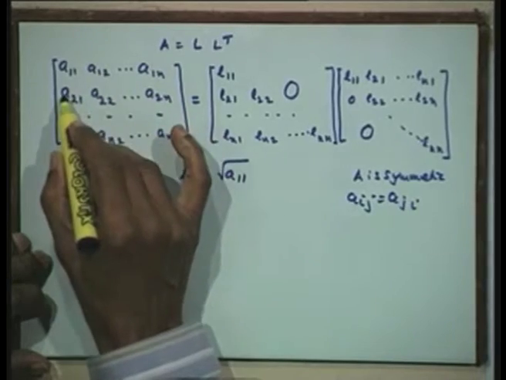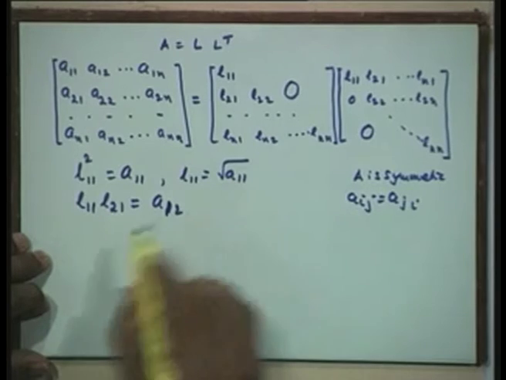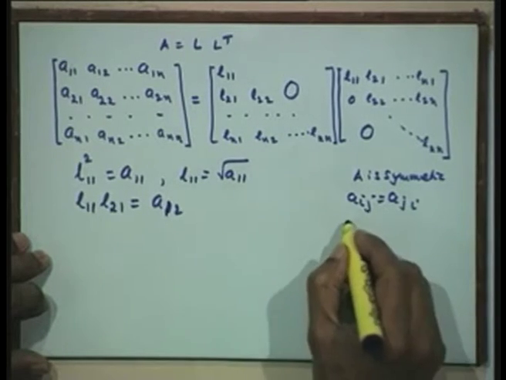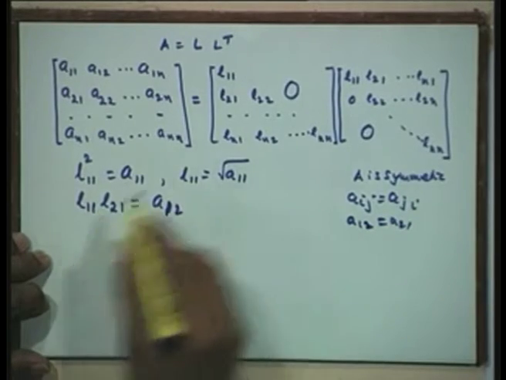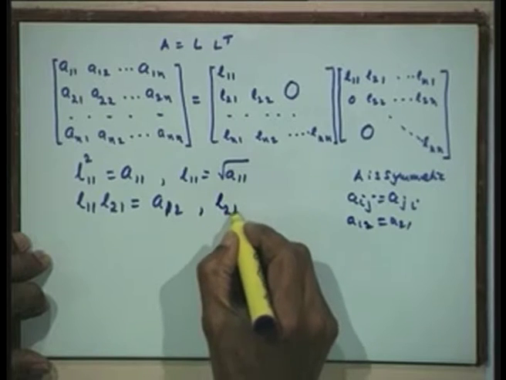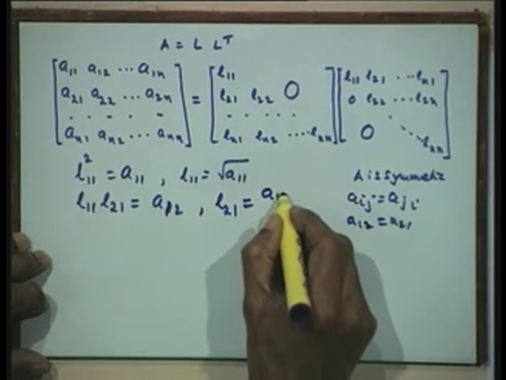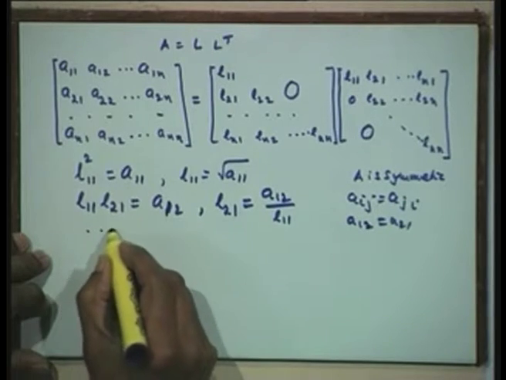Therefore, A12 is equal to A21, A1n is An1, and so on. So, these will be identical elements here. So, we have here A12 is equal to A21, etc. Therefore, L11 into L21 is equal to A12. So, I can get L21 from here as A12 by L11, and so on.